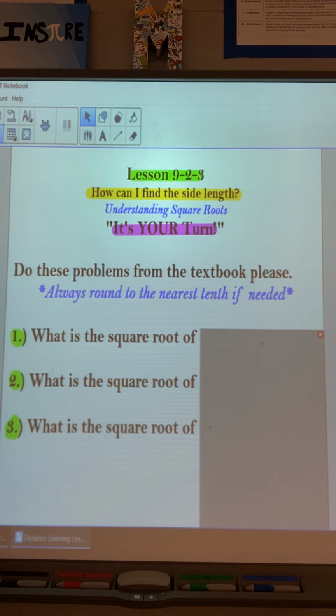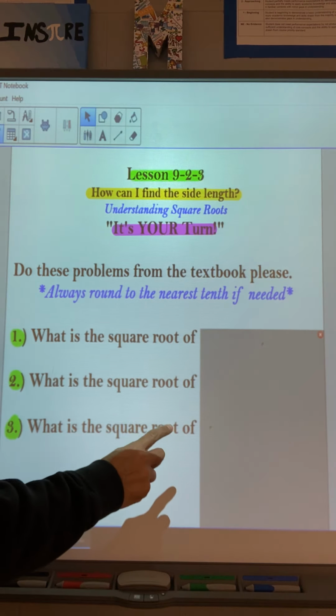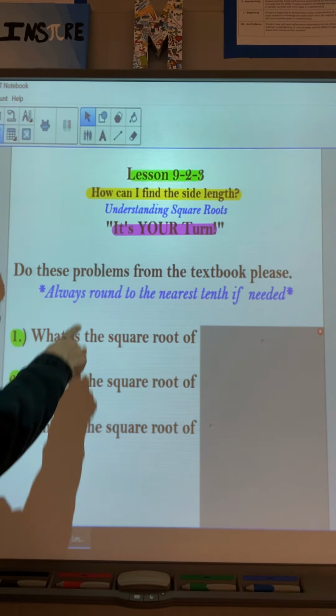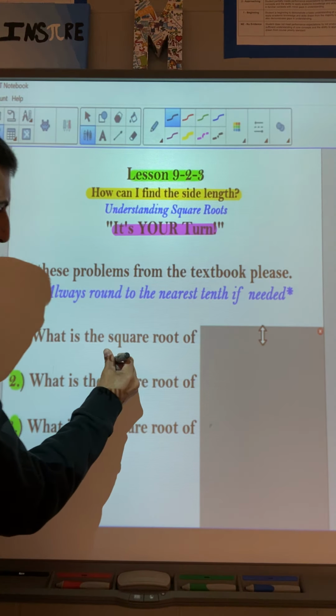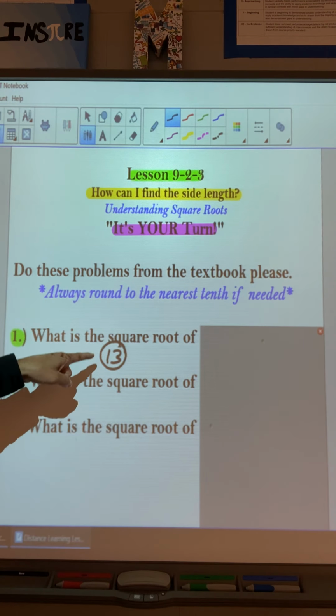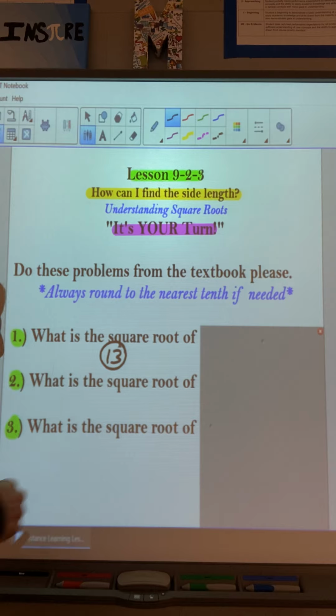Hang on, little malfunction here. I'm going to step in front of it, so hold on. So what I want here is, what's the square root of 13? Find me the square root of 13 for the first one.